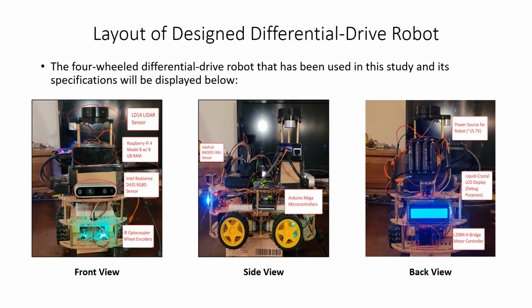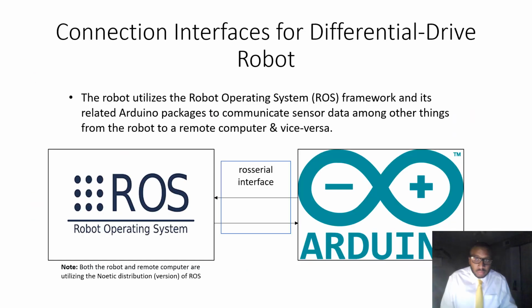All of these devices are controlled by the Arduino Mega microcontrollers, and the microcontrollers themselves are controlled by the Raspberry Pi. The robot is also powered by approximately 16 volts at any given time.